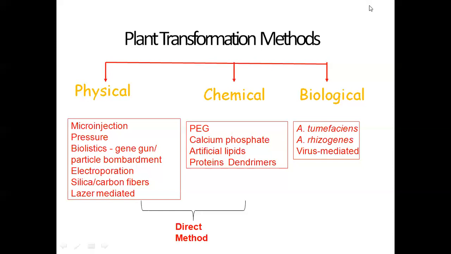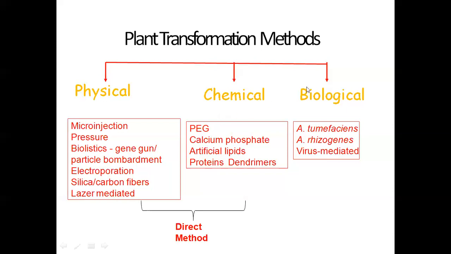Some artificial lipids are also there, and protein dendrimers. Protein dendrimers are star-like biological macromolecules having several branches of amino acids where you can conjugate the genes and insert them into the plant species. So this is all about the physical and chemical direct gene transfer methods.